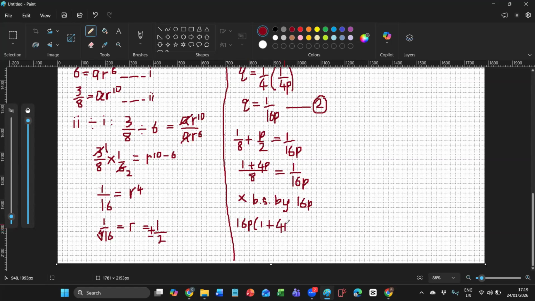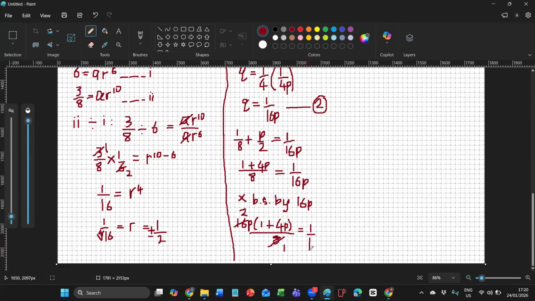You see why I multiplied by 16p, because it was safely a good LCM to help us take care of that fraction 8, because 8 will go in itself one time and 8 will go in 16 two times.